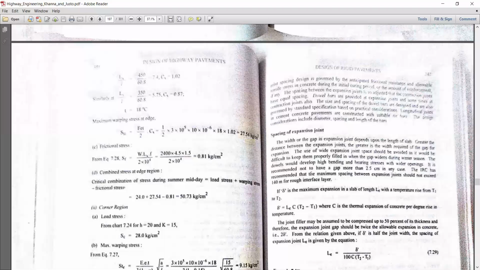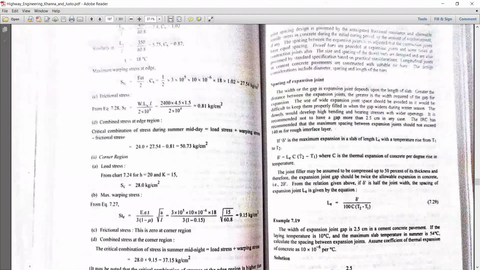Hence the size, spacing, and diameter of the dowel bars are designed here. Before going to the dowel bars and tie bars, let's discuss the spacing of expansion joints.